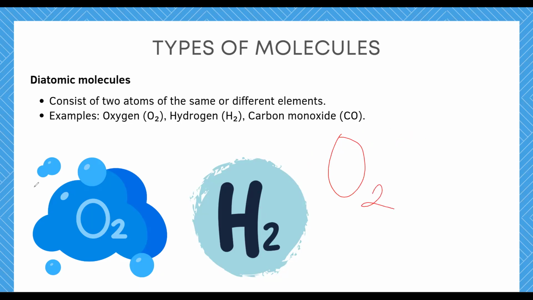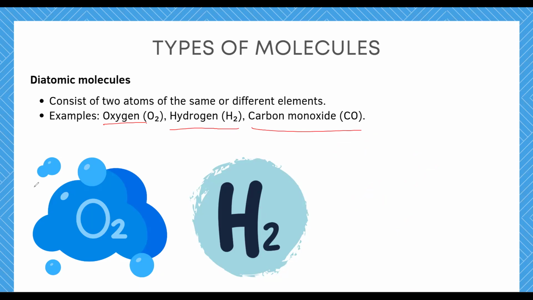O2. Two. Good. It is two because of this subscript over here. You can see there is a small number two under oxygen. Is that correct? Yes, sir. So this definitely is a diatomic molecule. The same thing applies to this hydrogen molecule over here. And then you can see carbon monoxide.